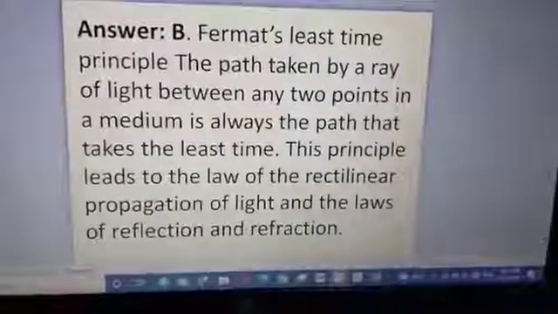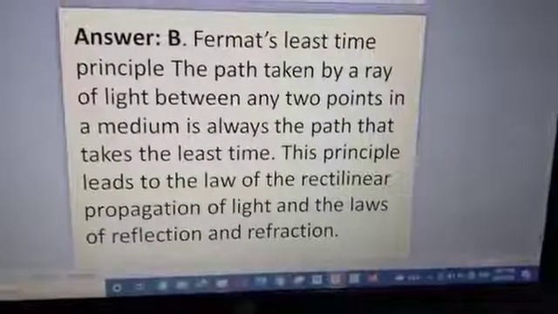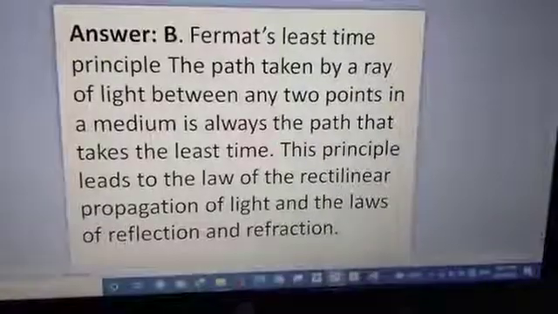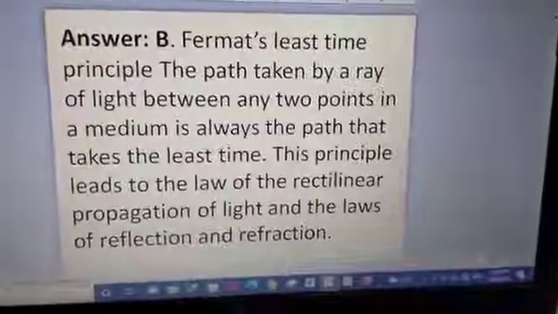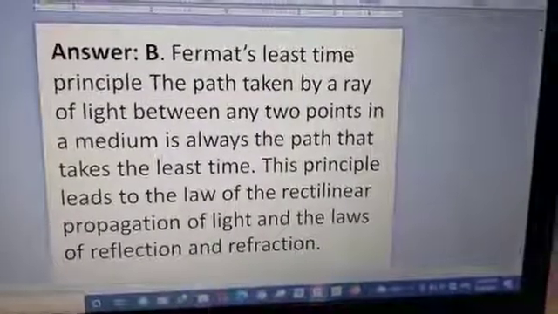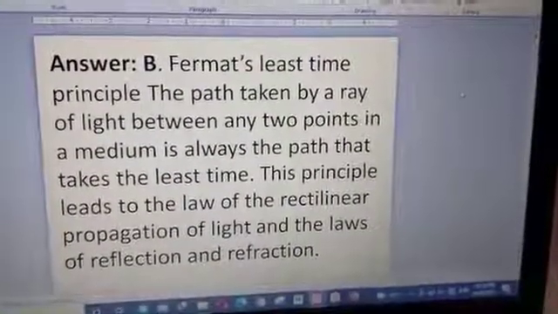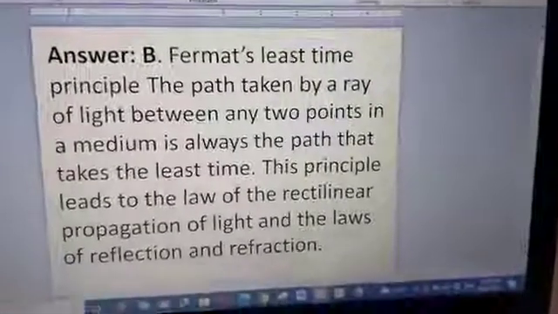The answer is B. Fermat's least time principle is that the path taken by a ray of light between any 2 points in a medium is always the path that takes the least time. This principle leads to the law of rectilinear propagation of light and the laws of reflection and refraction.